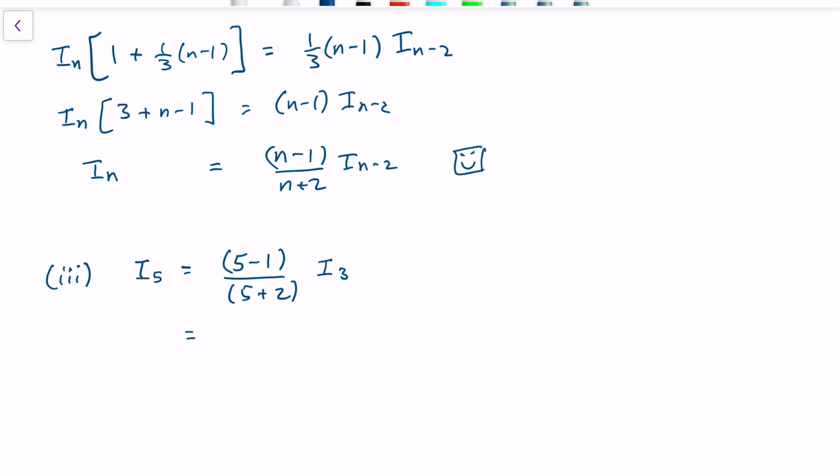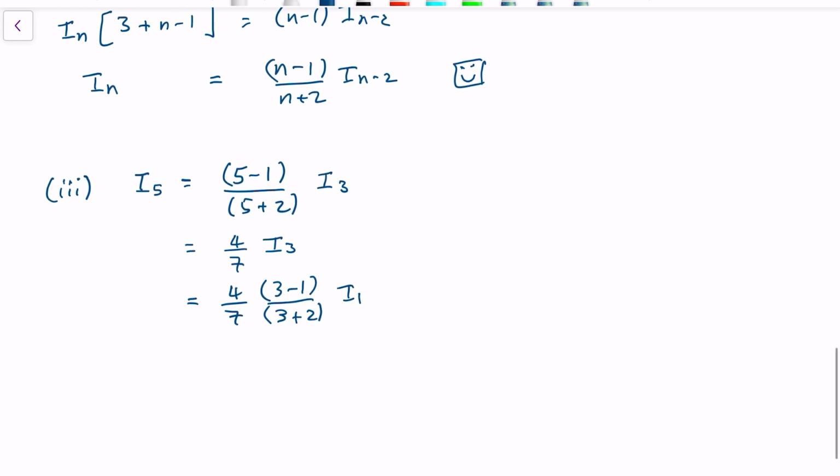No, gosh, 5 plus 2 is not 6. 4 over 7 times I3, which is 4/7 times, then we're going to use the same formula again. We're going to replace the n with a 3. So we've got 4/7 times 3 minus 1 over 3 plus 2 times I1. 3 minus 1 is 2, so we've got 2/5 there.